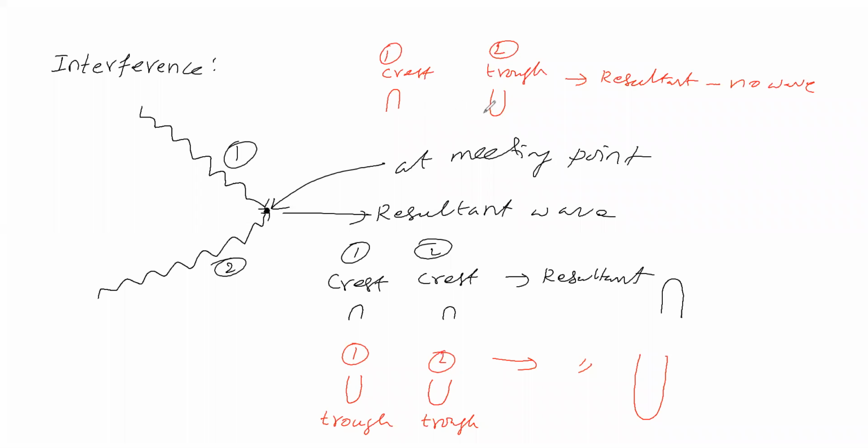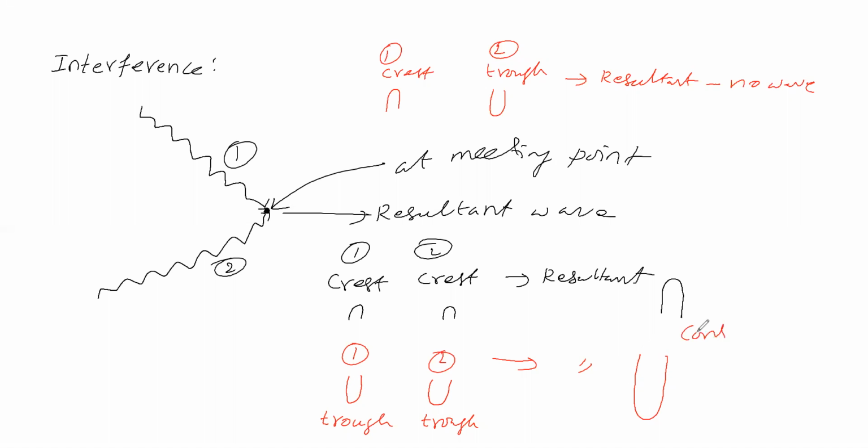If the amplitudes are not equal, the resultant wave will have some amplitude, which is the subtraction of these two amplitudes. Here these two are adding and we are getting this resultant.